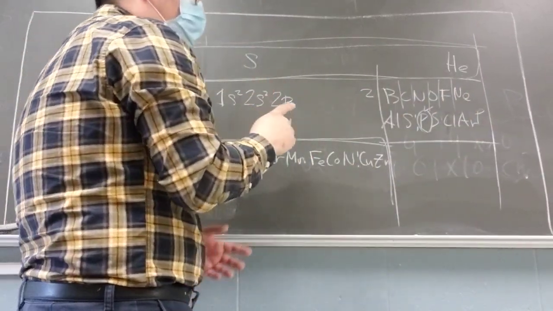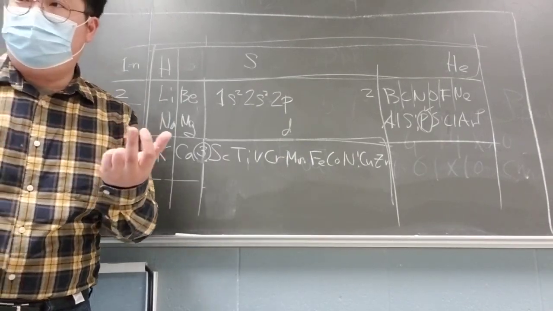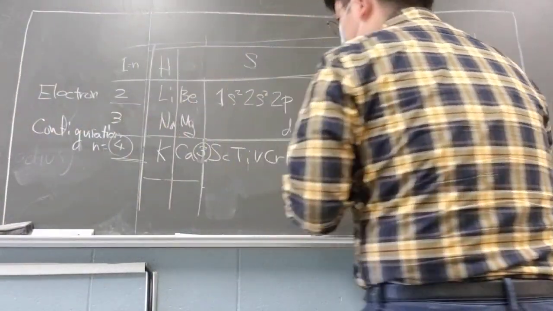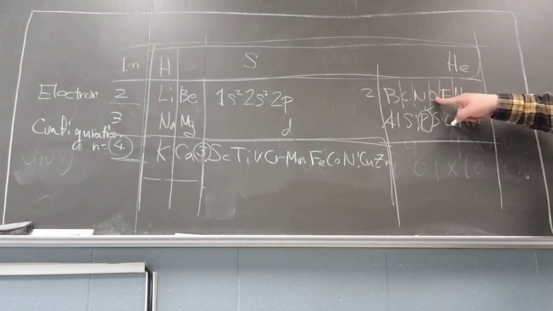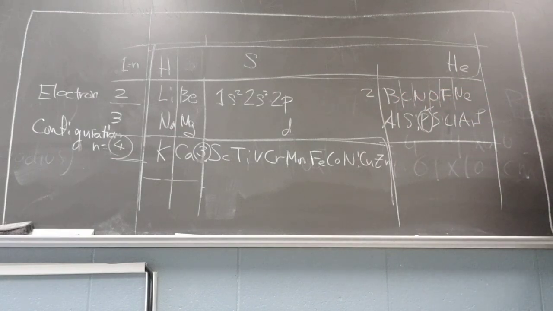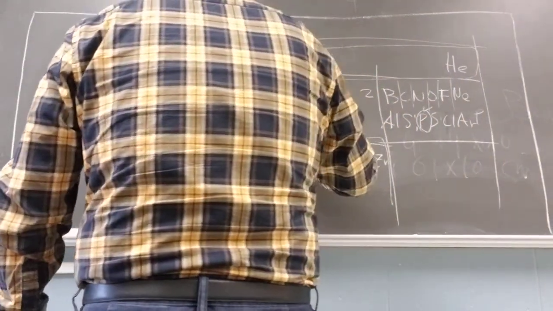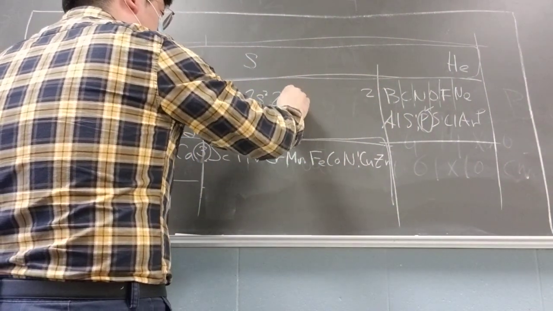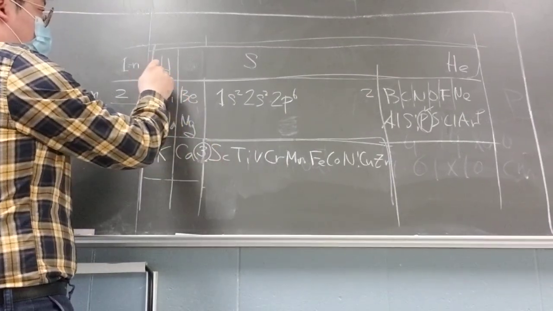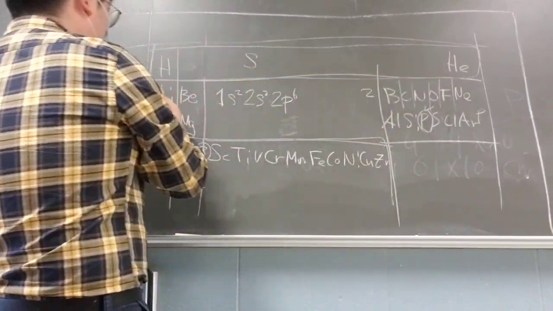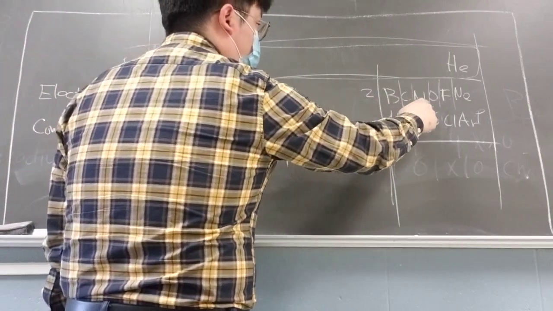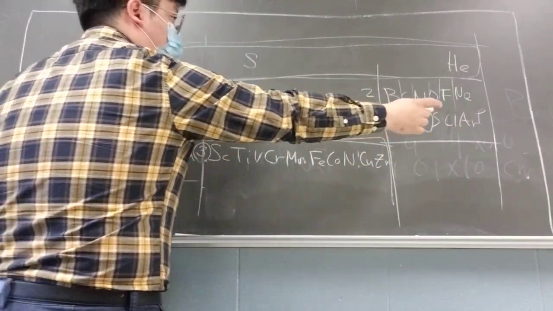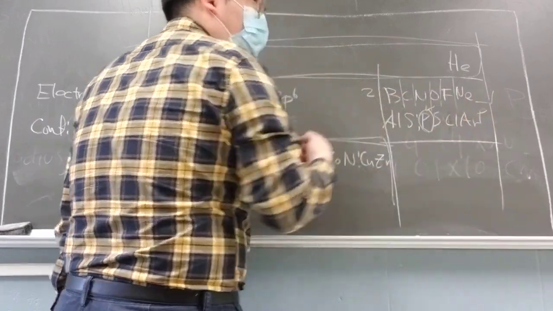In the p orbital, we have 3 orbitals in the diagram because m is -1, 0, 1, and each box can fill with 2 electrons, so the max for the whole 2p is 6. So it'll be 1s2, 2s2, 2p6. We're done up to neon.